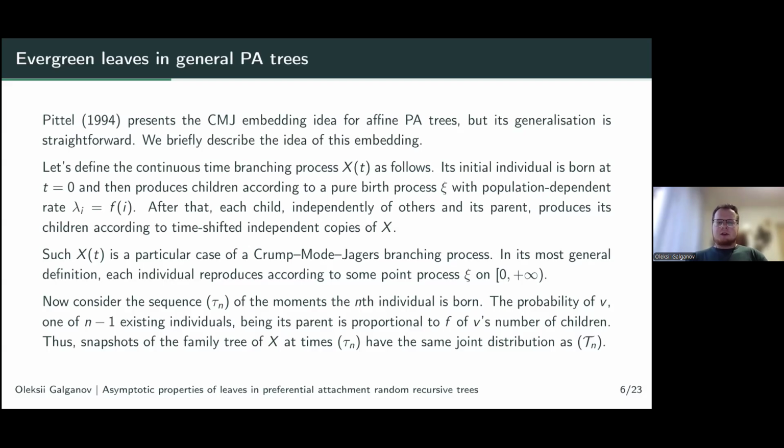So if we now take this continuous time process X and take snapshots of it at these random times τ_n, the joint distribution of the snapshots would be the same as the trees we have in the discrete time.